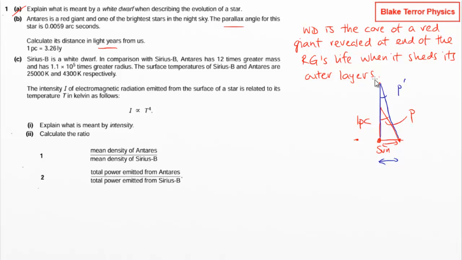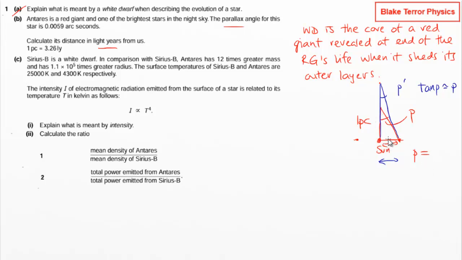We can exploit the fact that these are small angles. Small angles mean that tan P is roughly equal to P. This is our small angle approximation. So for the angle P, that is the same as tan P, which is opposite over adjacent.